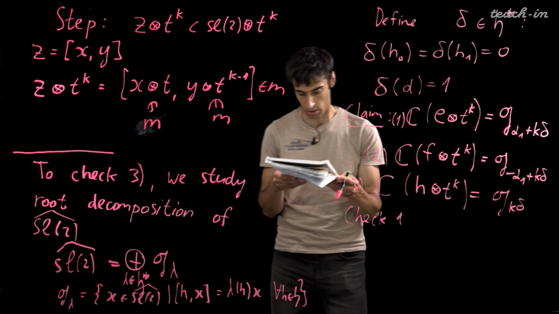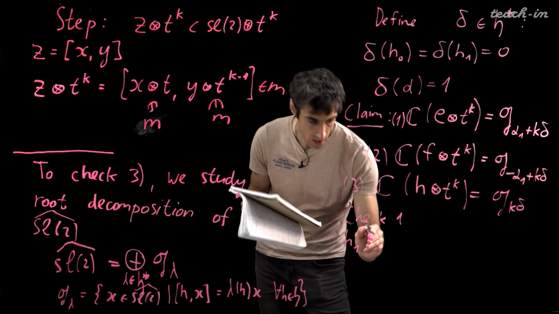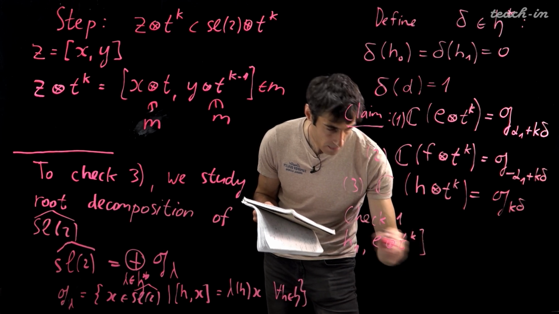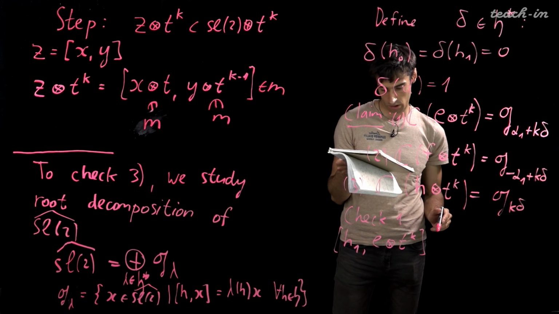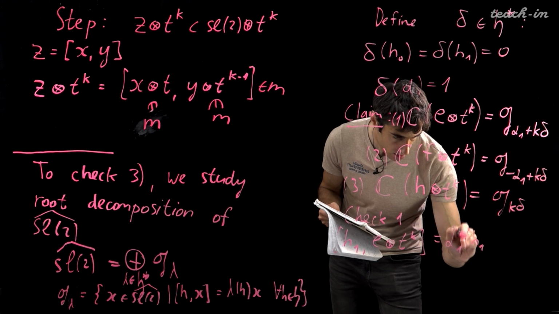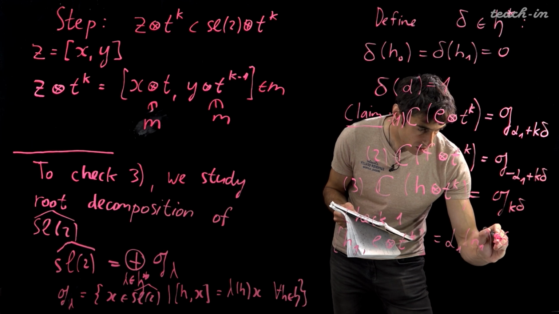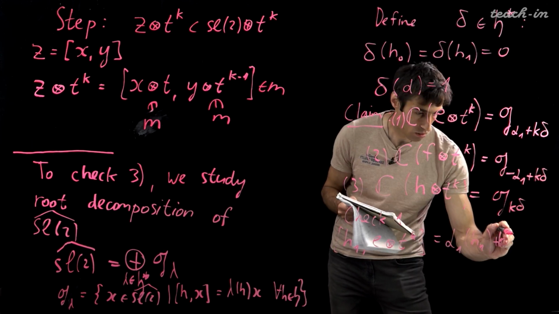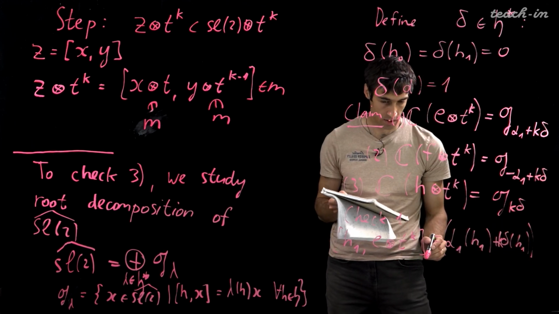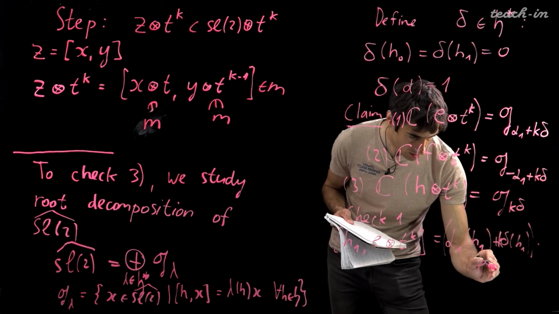So you take, for example, H1 and commute with E tensor T^k. And you shall see that this is alpha 1 of H1 plus k delta of H1, all this is a number, times E tensor T^k.